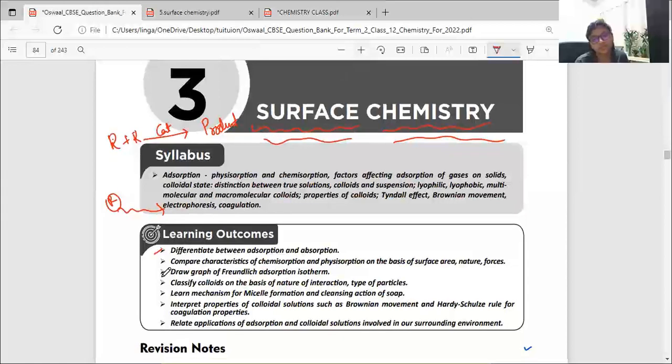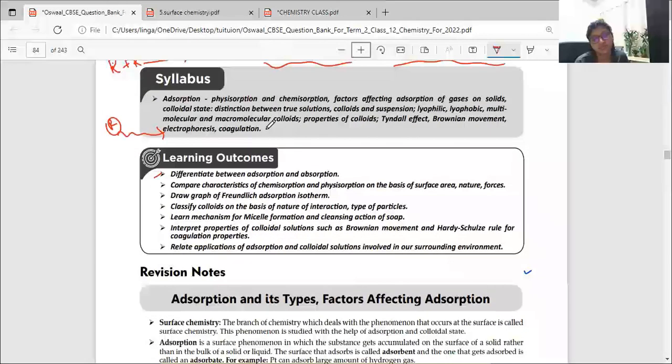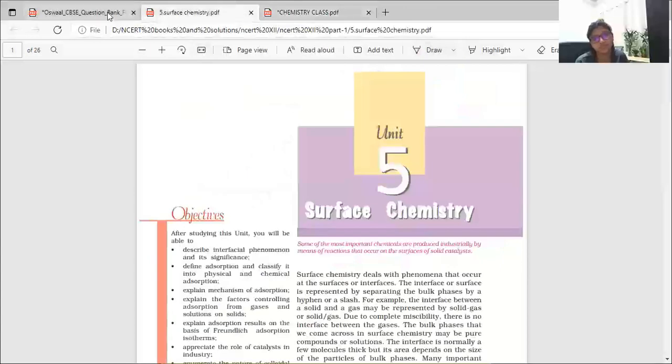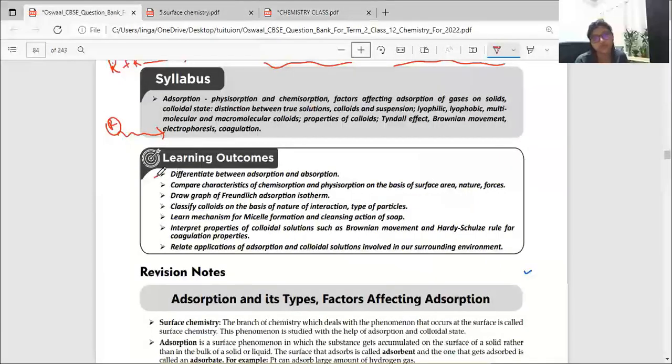Next, there are a few things in this chapter. I explained only one point here: the surface area is increasing. If the surface area increases, what will happen? Each and every such point we will discuss in this chapter.